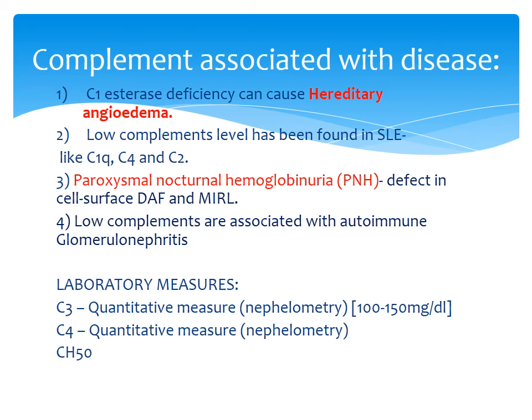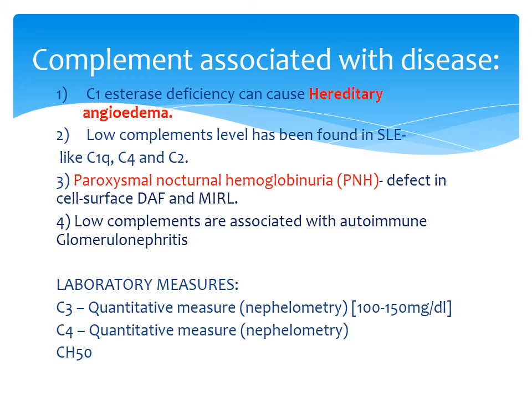Paroxysmal nocturnal hemoglobinuria is an autoimmune hemolytic anemia. Here you will find that the patients have a defect in the cell surface decay accelerating factor. And low complements are associated with autoimmune glomerulonephritis. That's why the estimation of complement factors is done in cases of autoimmune nephritis. The C3 and C4 factors are estimated quantitatively in the laboratory using nephelometry.